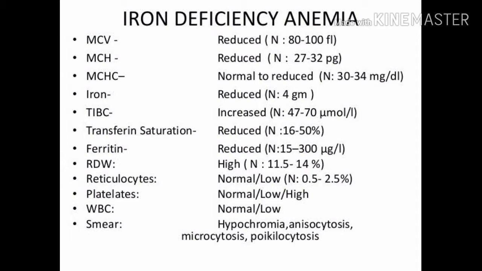Your white blood cell count will in most cases be normal. However, your platelet count, your thrombocytes, will be high or normal, especially when bleeding is involved and chronic in some cases.